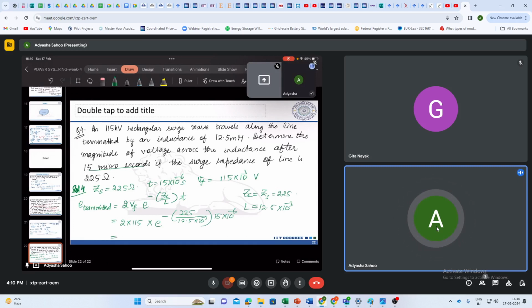Solving this, it comes out as 175.5772 kV.